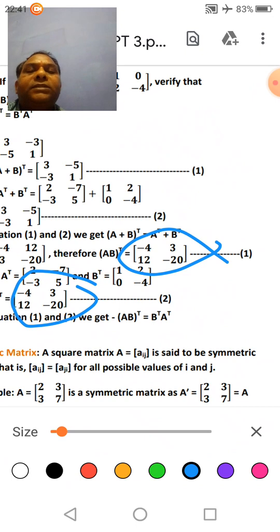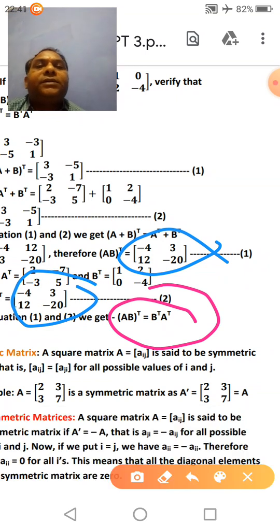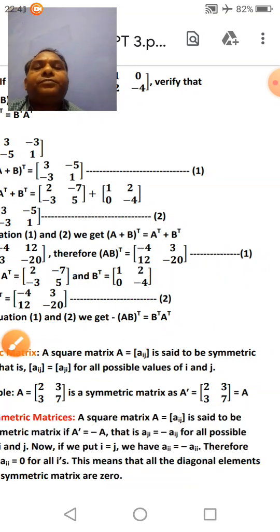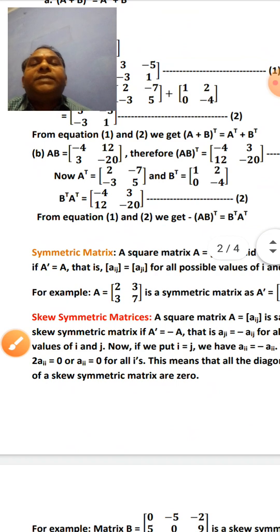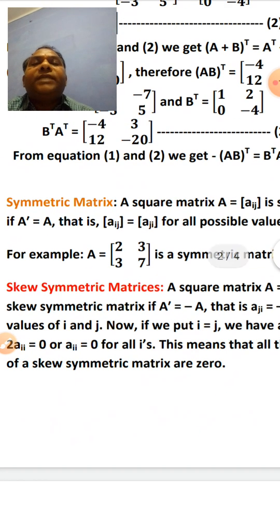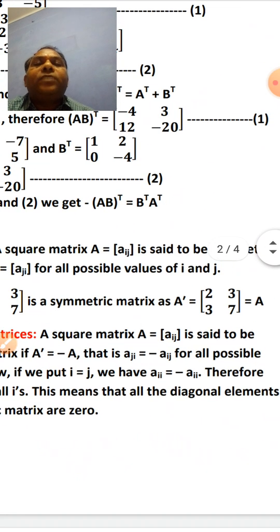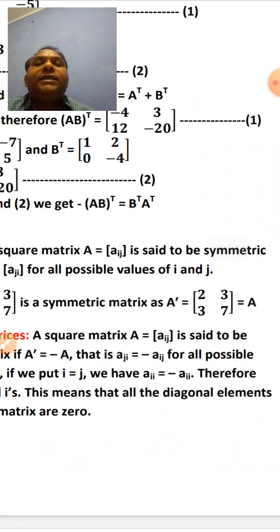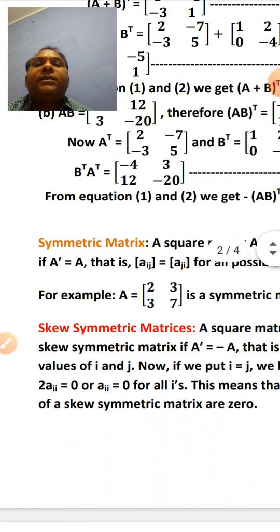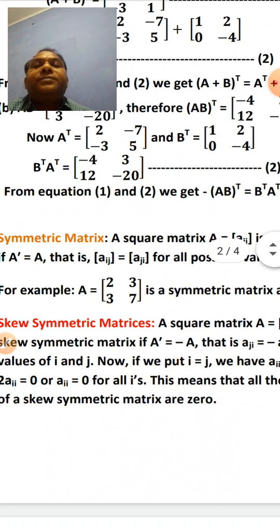It means transpose of AB is equal to transpose of B into transpose of A. Clear? Now symmetric matrix. According to the definition of symmetric matrix, a square matrix A = [aij] is said to be symmetric if A dash is equal to A. Clear?